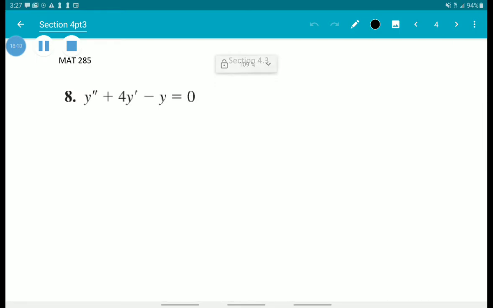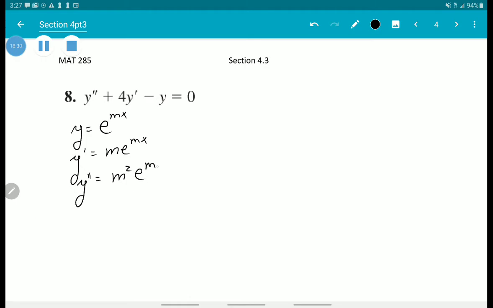We have y double prime plus 4y prime minus y is equal to 0. So we're making the assumption the solution is in the form y equals e to the mx. So y prime is m e to the mx. And y double prime is m squared e to the mx.